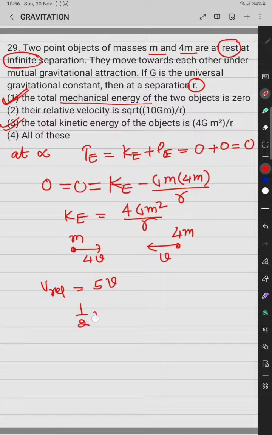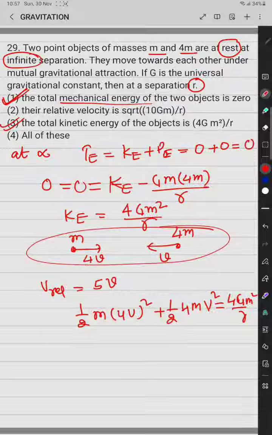We know half of m 4v square plus half of 4m v square, that kinetic energy is equal to 4GM square by r, according to energy conservation. Total momentum is equal to 0, 4mv on the right side and 4mv on the left side, and the separation is r.